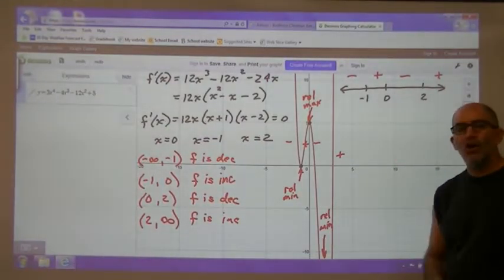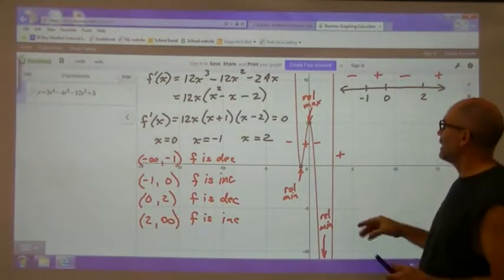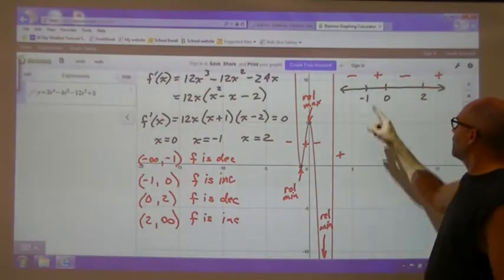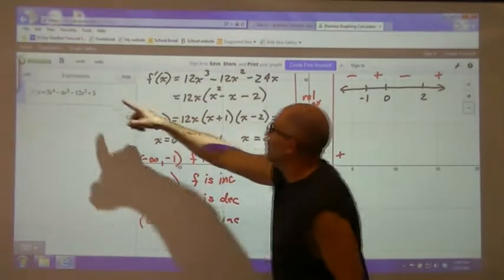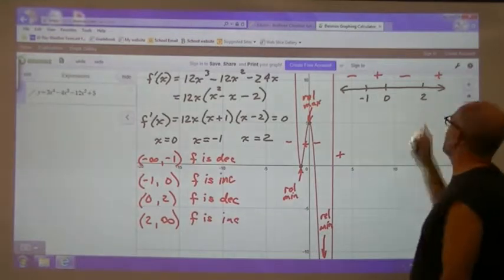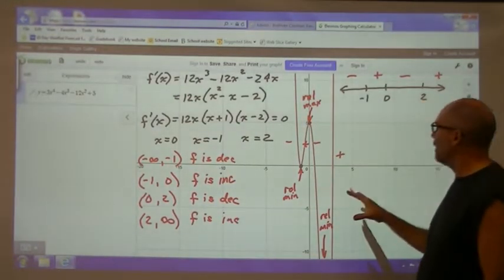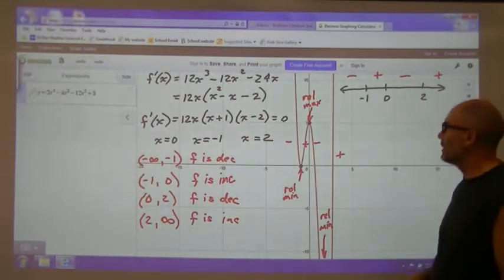Now, if I want to know the coordinates of these critical points, like I said before, all I have to do is plug in negative 1 into my original function, plug in 0 into my original function, and plug in 2 into my original function, and that will give me all three of those critical points.